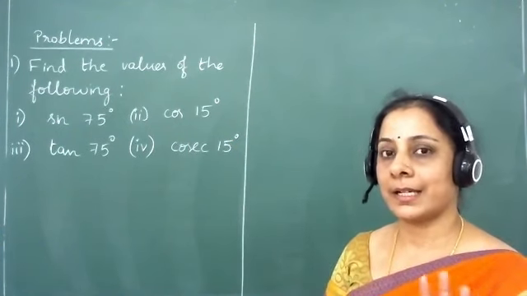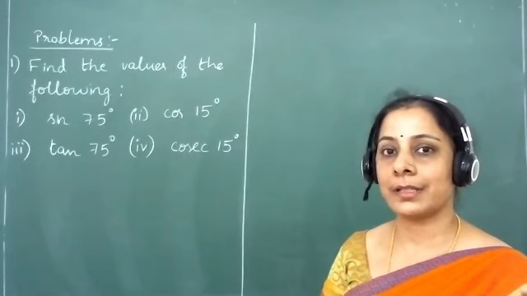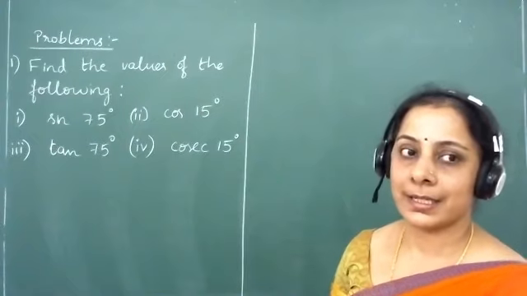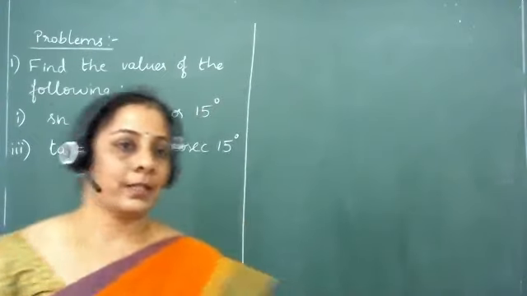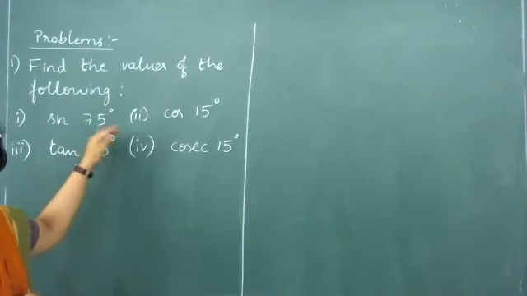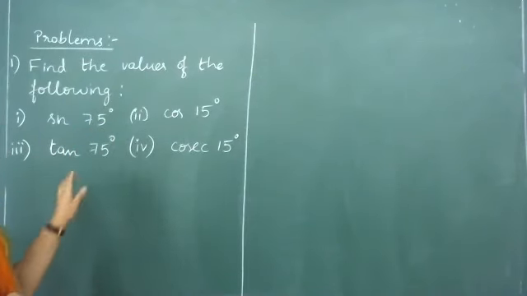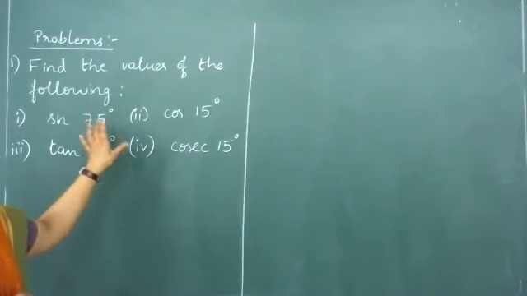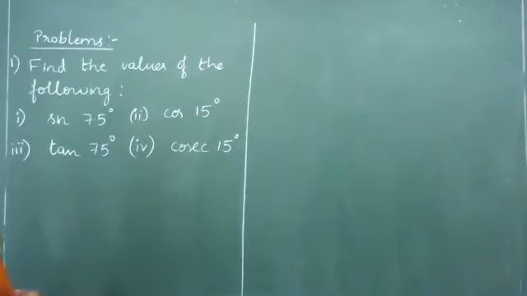There are only 5 standard angles, 0, 30, 45, 60 and 90 degrees. When I have to find the values of trigonometric ratios of these kinds of non-standard angles, then we will have to split the given angle only in terms of standard angles.